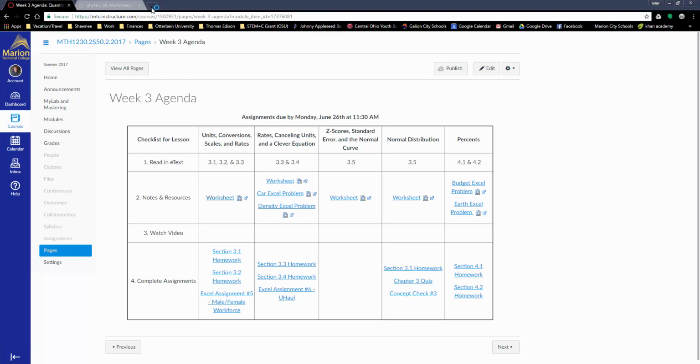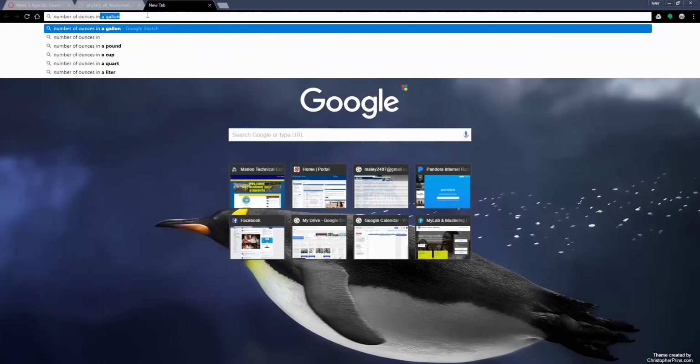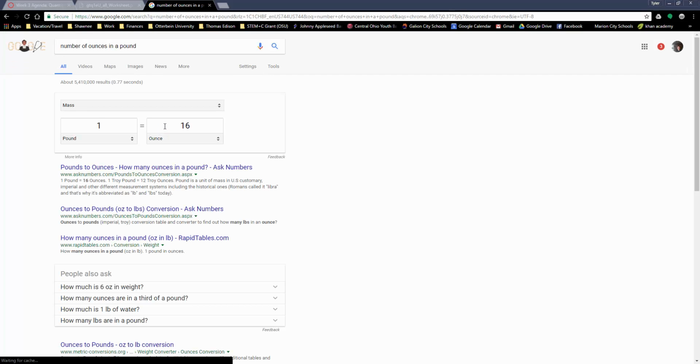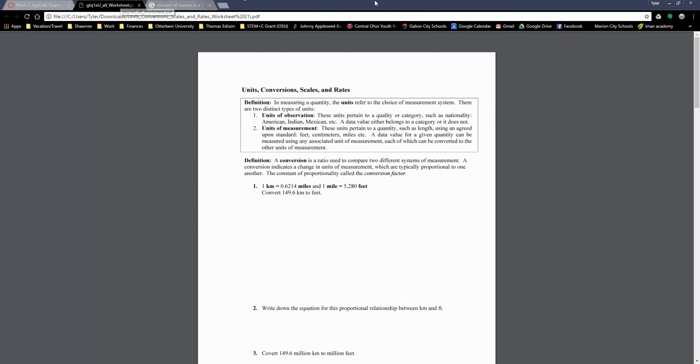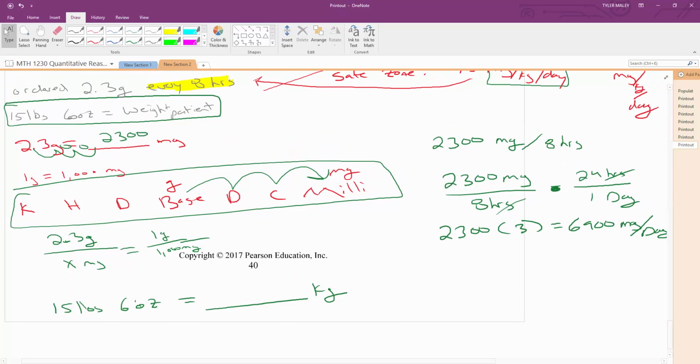You could simply Google it: number of ounces in a pound. There are 16 ounces in 1 pound.